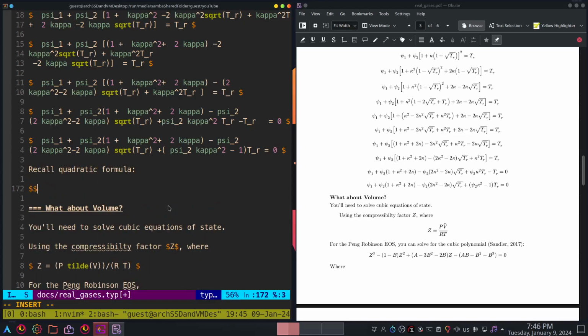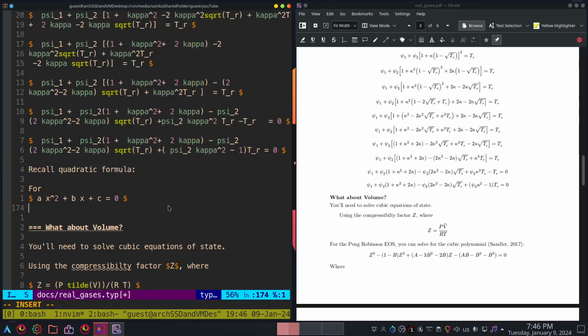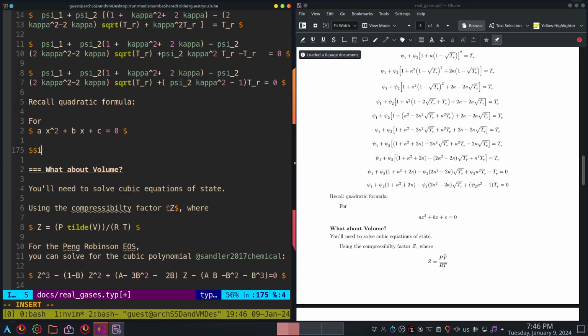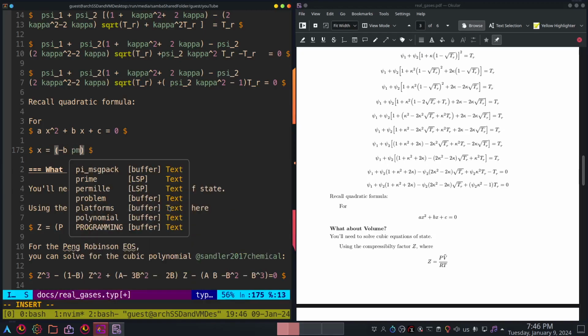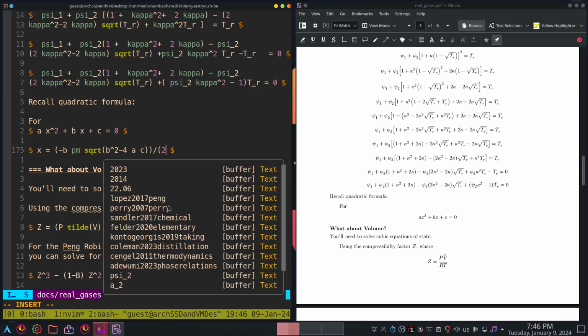If I'm not wrong, for ax squared plus bx plus c equals 0, I believe the formula is x equals negative b plus minus square root b square minus 4ac, then divide by 2a.